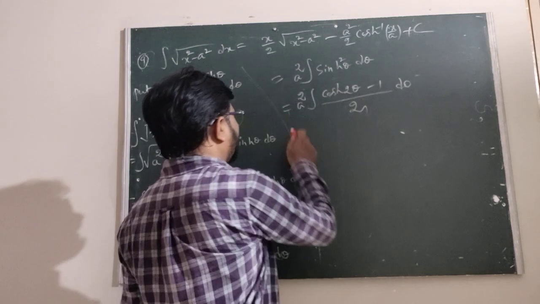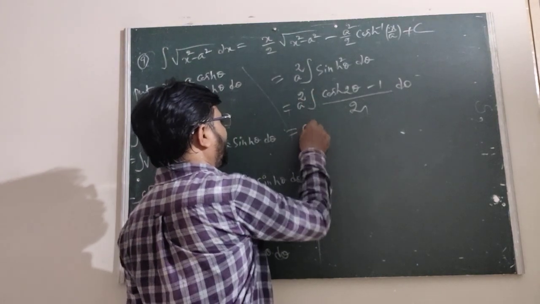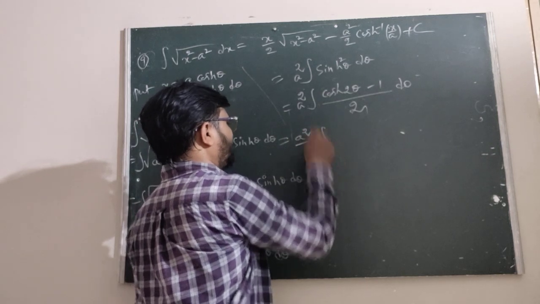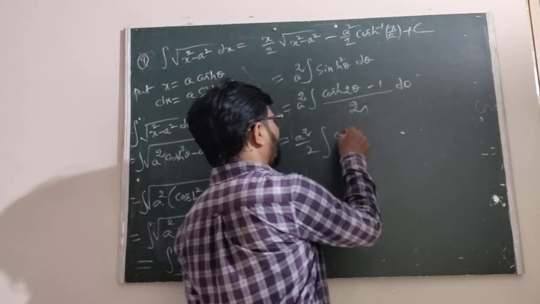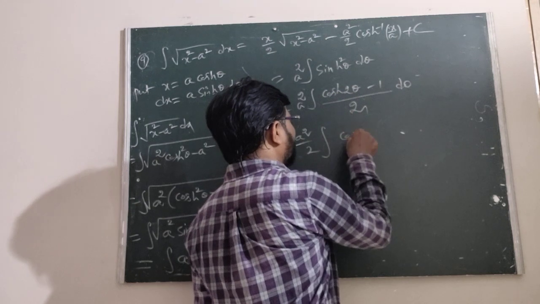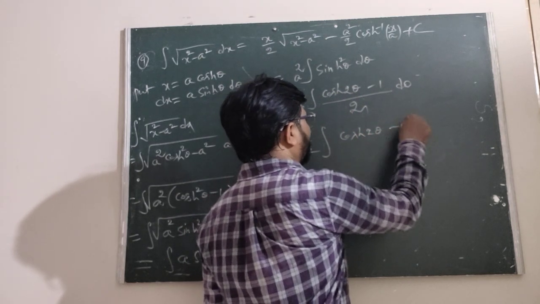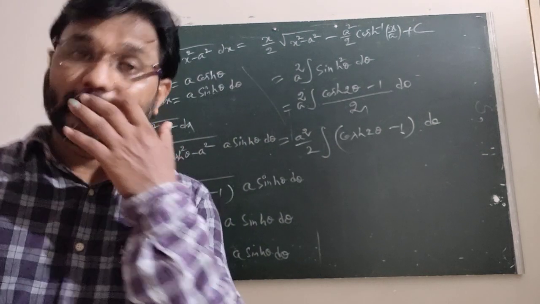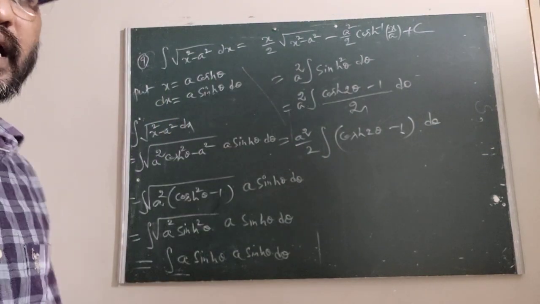Now we can write the 1 by 2 at the beginning. A square by 2 integral of cos h 2 theta minus 1 d theta. Now we find the integrals of cos h 2 theta and minus 1.